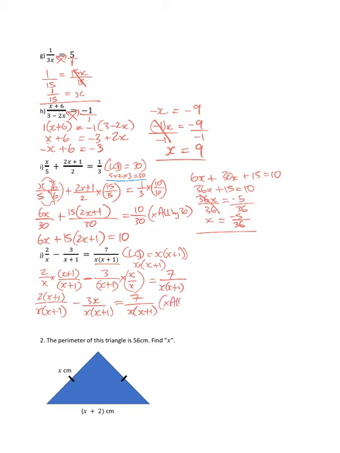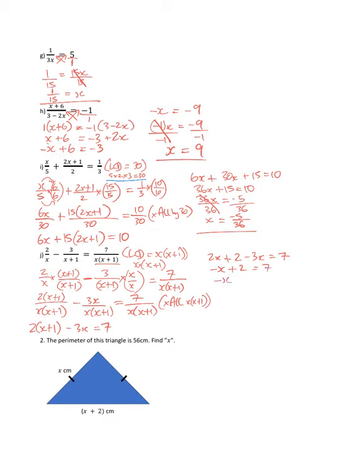Times all by the lowest common denominator, x by x plus 1, so you're going to have 2 times x plus 1, take 3x is equal to 7 left over. Continue the working out on the left hand side, expand the brackets, 2 times by x is 2x, 2 times by 1 is 2, take 3x is equal to 7. 2x take 3x is going to be negative 1x, or negative x, plus 2 left over is equal to 7.